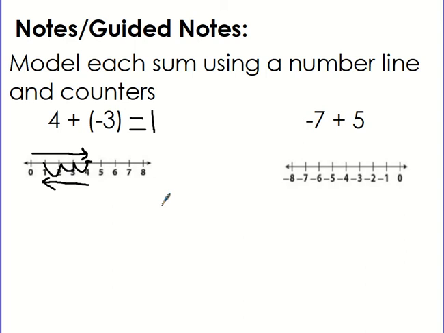So if we use our counters, just another way to visually see it, we are going to take +4 plus signs. All right, so 1, 2, 3, 4. And we're going to add to the problem 3 negatives. So I just added 3.